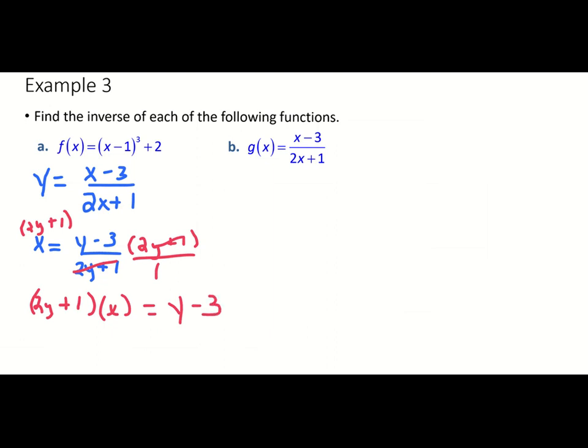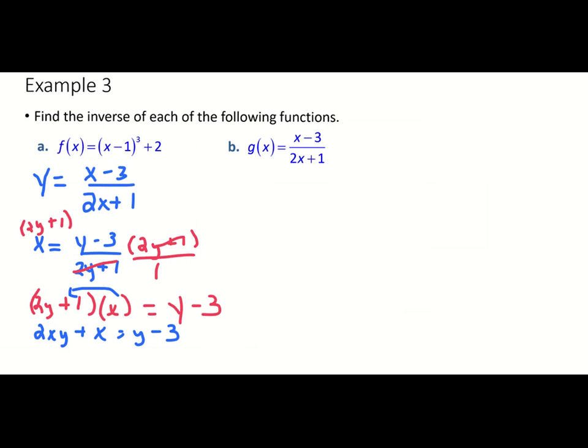Okay. And now I want to distribute first my x. Let's distribute our x so that we can move around some stuff. So I'm going to make it 2xy plus x is equal to y minus 3.